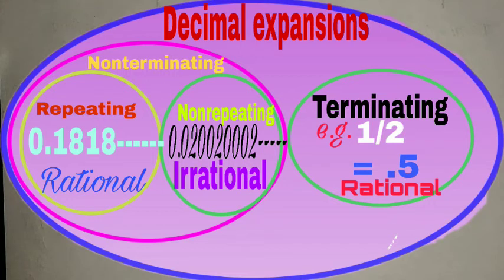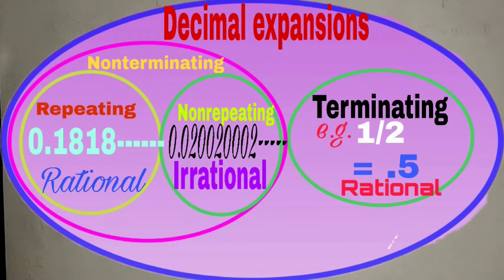So the number repeats again and again after some remainders. And you can see non-repeating is 0.0200020002000. So the zeros increase again and again. So we can say it is a non-terminating, non-repeating decimal expansion.